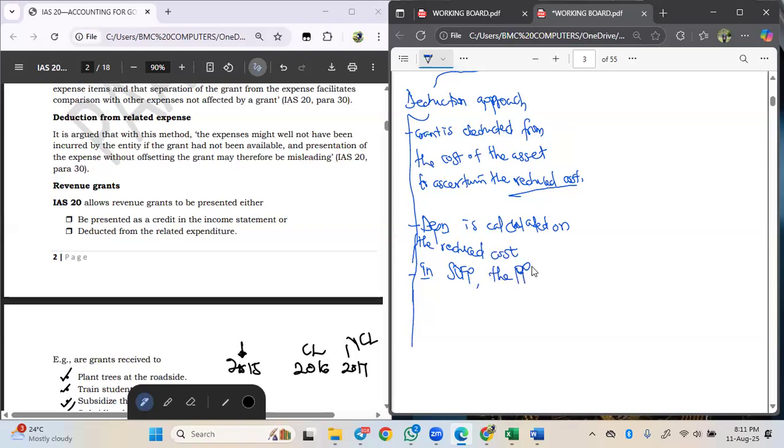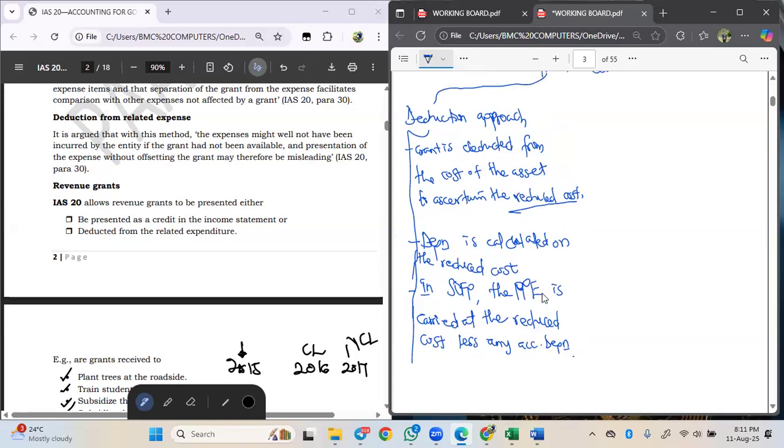The PPE or that particular asset is carried at the reduced cost less any accumulated depreciation. So we've done PPE, so you shouldn't get problem with the accumulated depreciation.